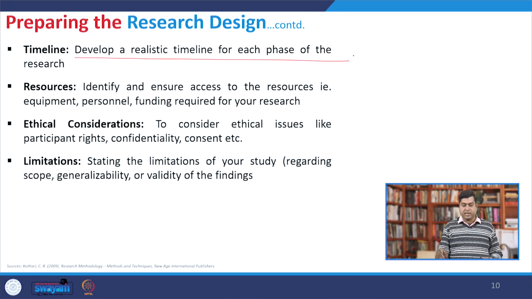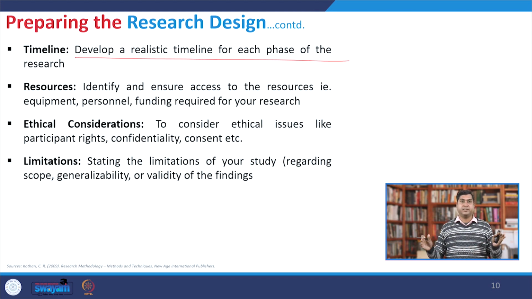Develop a realistic timeline for each phase of the research: how much time you are going to give for your literature review, for development of the questionnaire, development of hypothesis, and the data collection itself, how many weeks, months or days you require. If it is an experiment, how many experiments you need to repeat and how much time each experiment normally takes.